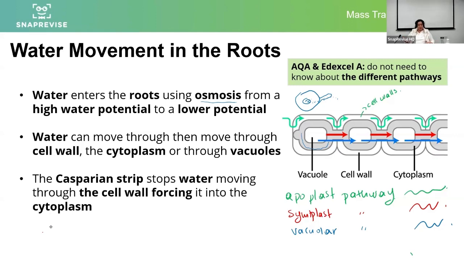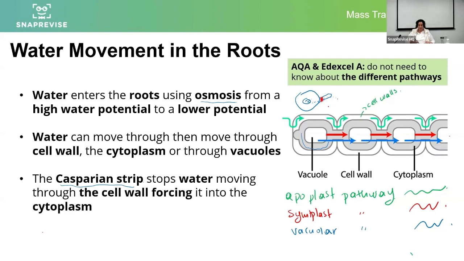We have an adaptation called the Casparian strip, which is found usually at some point. Let me just do it in red so you can see it. If this is my root hair cell, it's usually found somewhere here, like at the end of this pathway.